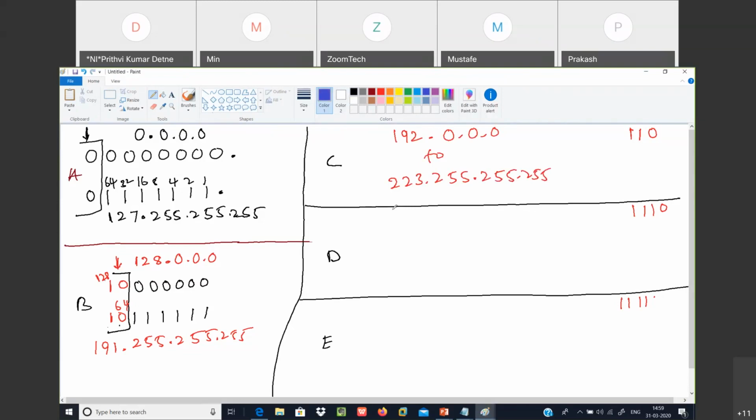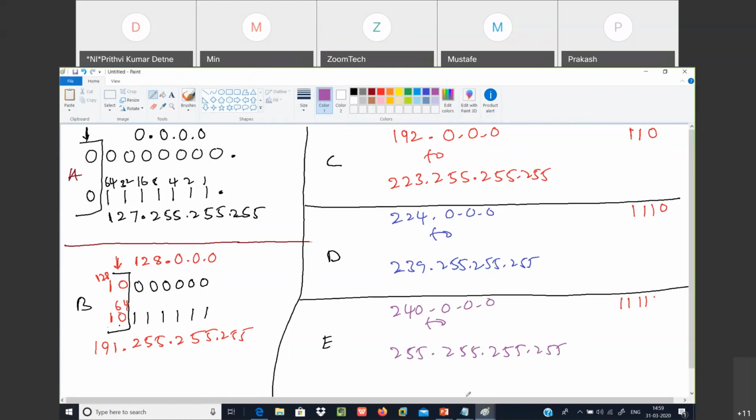Now the class D range is 224.0.0.0 to 239.255.255.255, and finally the class E range is 240.0.0.0 to 255.255.255.255.